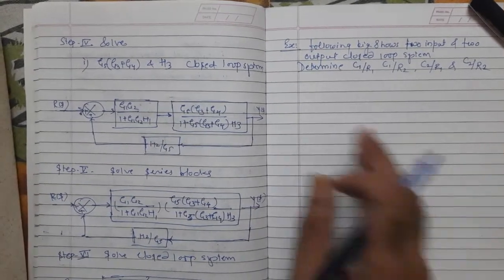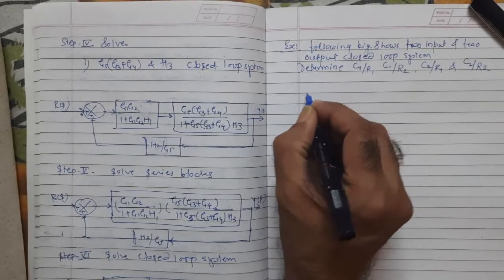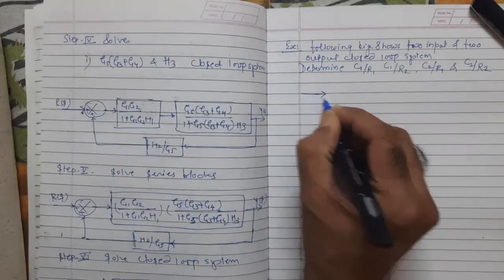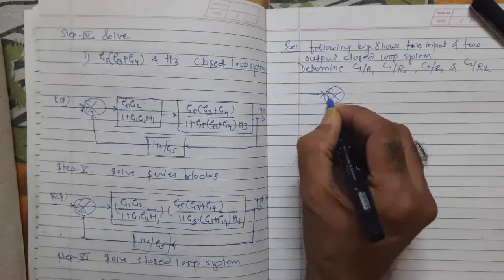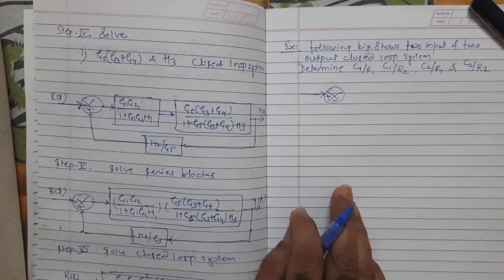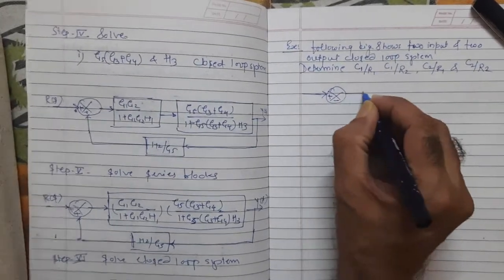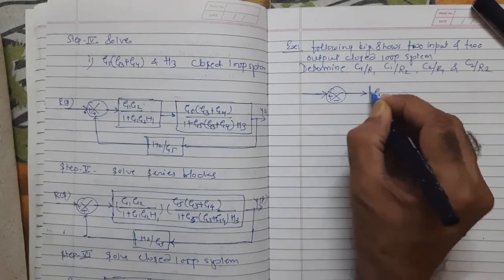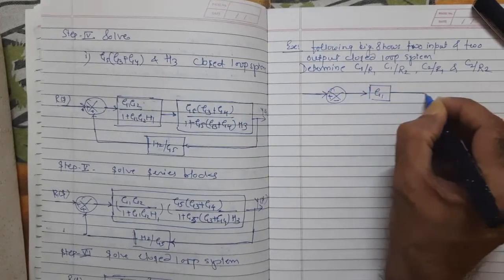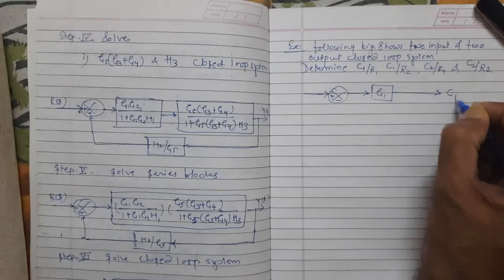Now we will see the diagram here. This is plus minus, then here it is G1 and here it is C1.